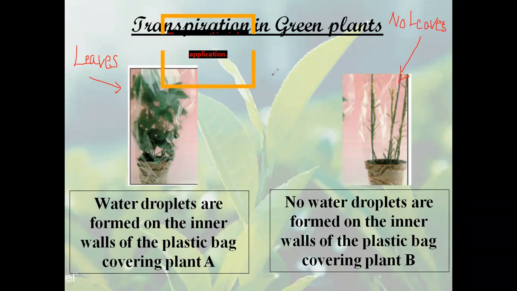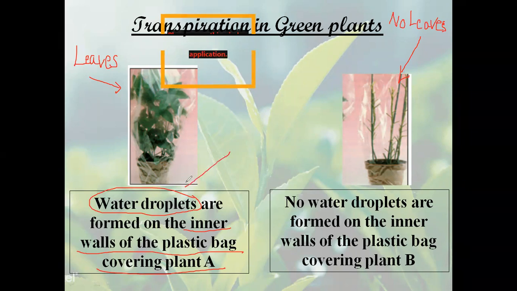After a few minutes, or let's say a few hours if you want, water droplets are formed on the inner walls of the plastic bag covering plant A. While in the plant that is lacking the leaves, what does lacking mean? It doesn't contain leaves. No water droplets are formed on the inner walls of the plastic bag.